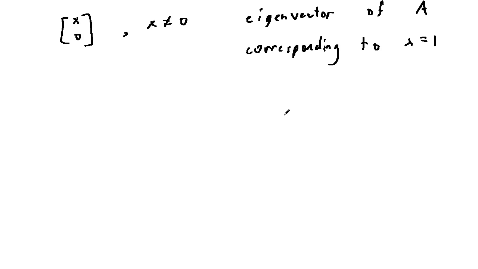Note that not all vectors in the plane are scaled by some scalar lambda. In our example, only vectors lying in the x-axis or y-axis are scaled by some scalar k.